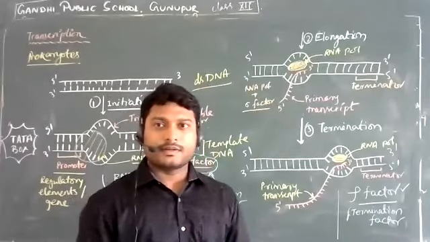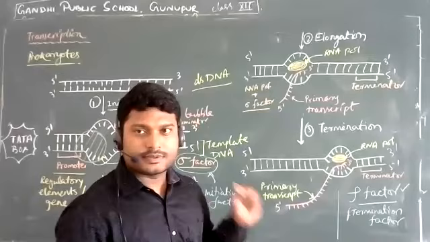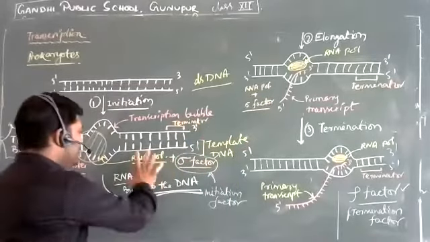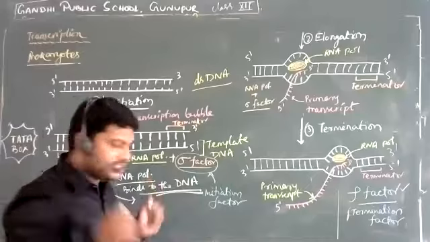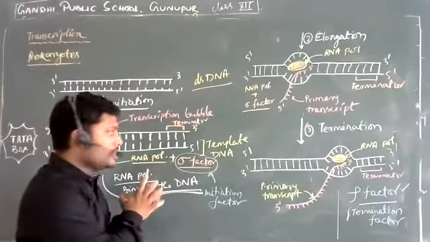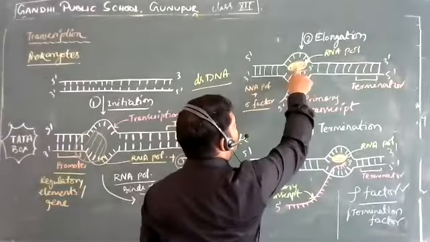Sir, I have a doubt in the second step. Second step, elongation. Yes, sir. Okay, so initiation is basically the process that starts when the RNA polymerase and the sigma factor combine. Initiation means it is going to start polymerizing.